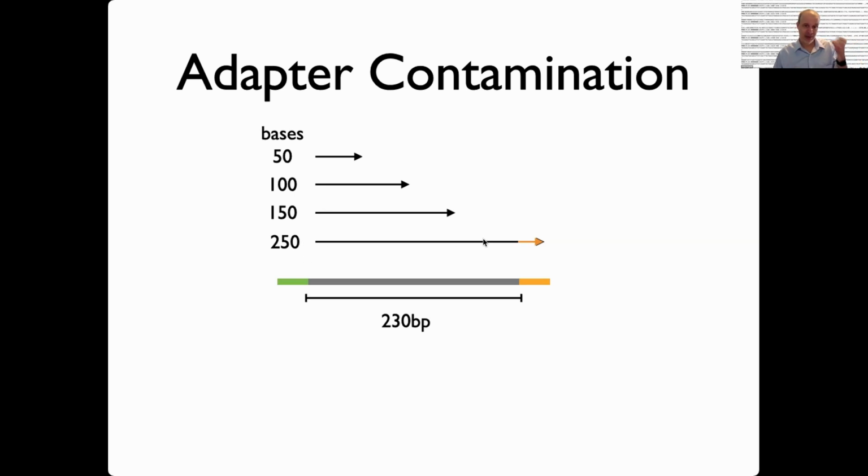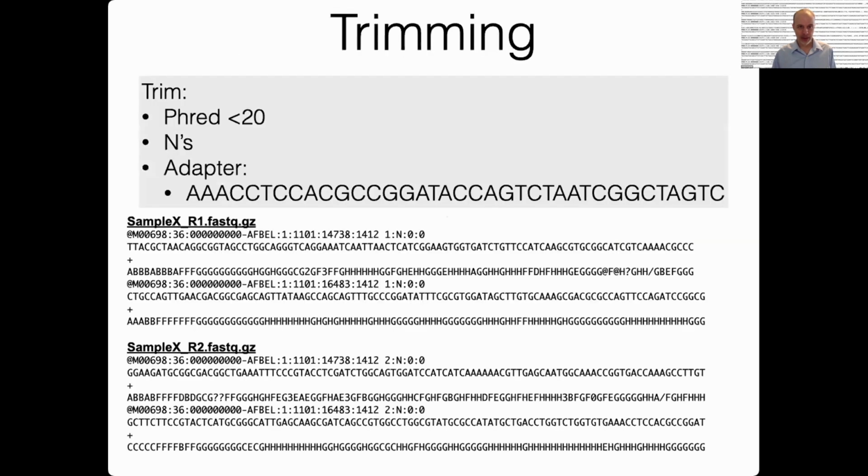The single bases are A's, T's, C's, and G's. So there's some threshold, and usually you want to say it's got to match at least 8 or 10 bases of the adapter before I start trimming, so that you don't accidentally trim biological sequence that just happens to match the adapter. I'm going to walk through an example here right now.